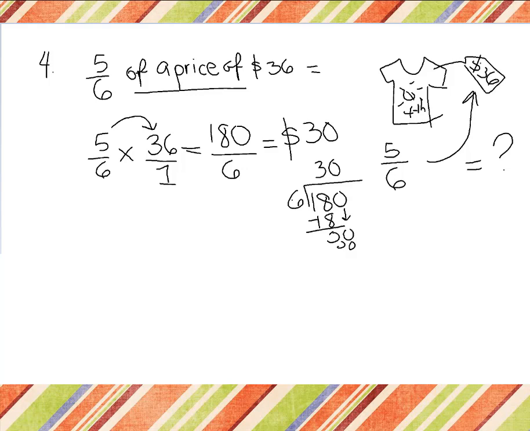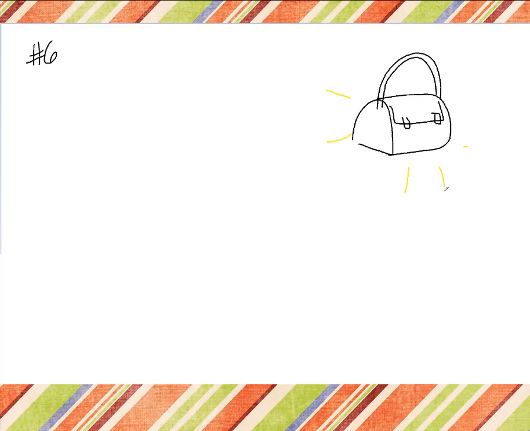What about problem number 6? In problem number 6, imagine your mother buying an expensive purse for Mother's Day. You want to buy something for your mother that will be really nice for her. Okay, but the problem is the original price.